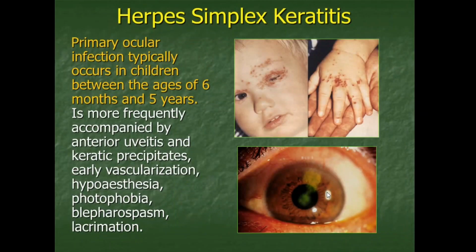Rather often, we as ophthalmologists see the herpes simplex keratitis, maybe primary or secondary herpes simplex keratitis. Primary ocular infection typically occurs in children between the age of 6 months and 5 years.